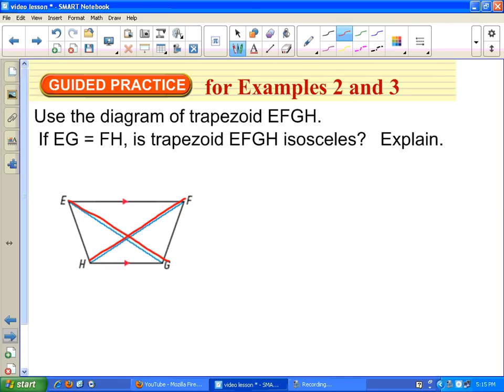So we think back to today's lesson, or if you're watching it on Friday, Thursday's lesson, we have to think about our theorems. Are there any theorems that talk about the diagonals being congruent? Because remember, if I say EG equals FH, it's the same thing as saying congruent. And there is. That's theorem 8.16.